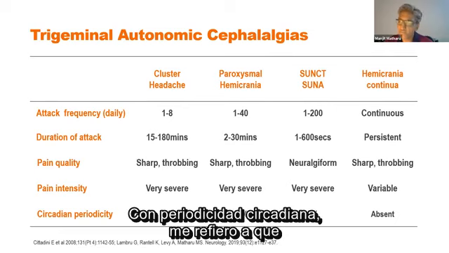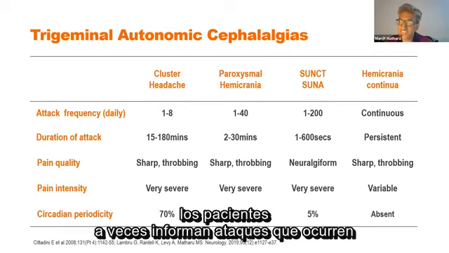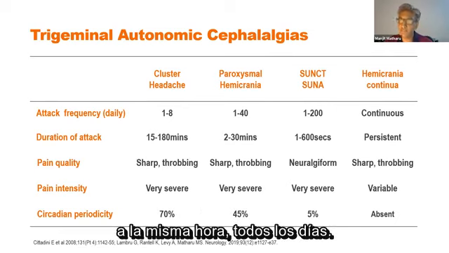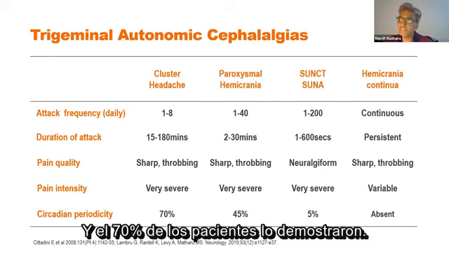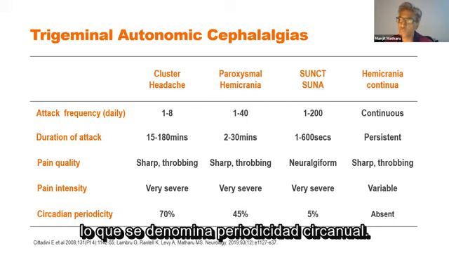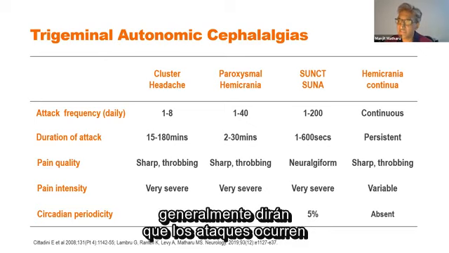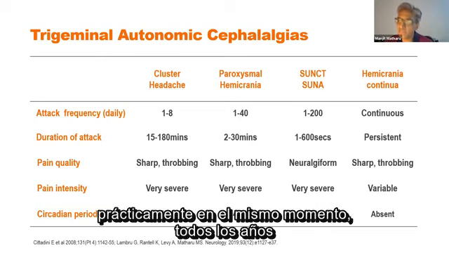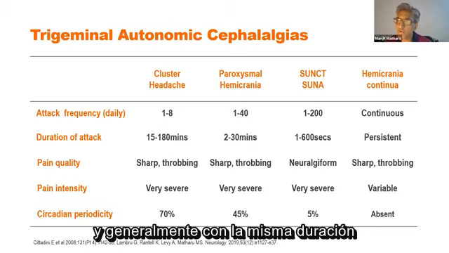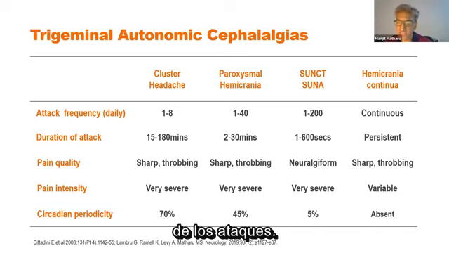By circadian periodicity, I mean that the patients often report that the attacks are occurring at about the same time every day, and 70% of the patients will demonstrate that. These patients often demonstrate what's called a circannual periodicity. For those patients who have episodic cluster headaches, they will often say that the attacks are occurring at about the same time every year, and often for about the same duration of time that they have these attacks.